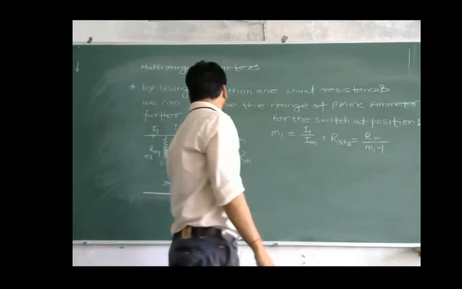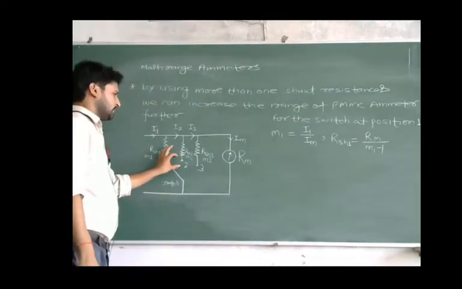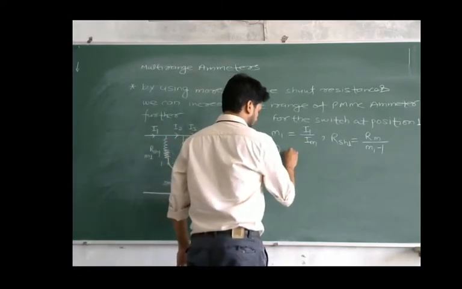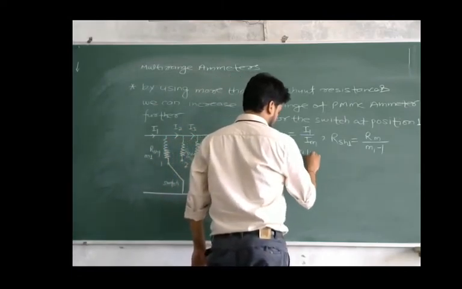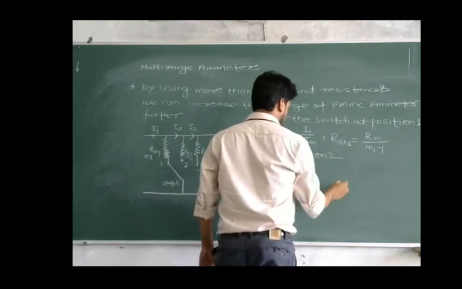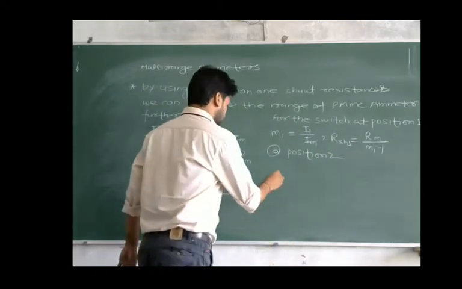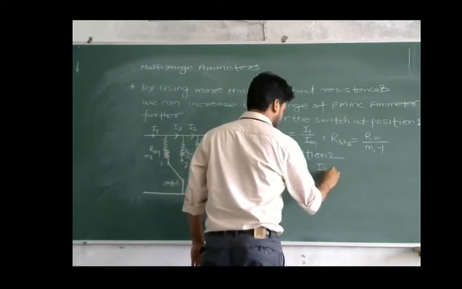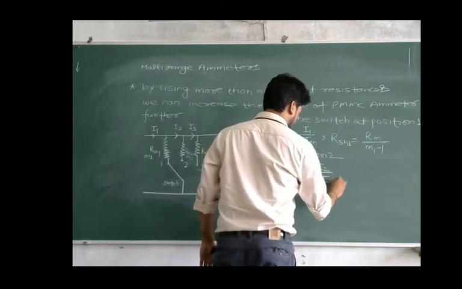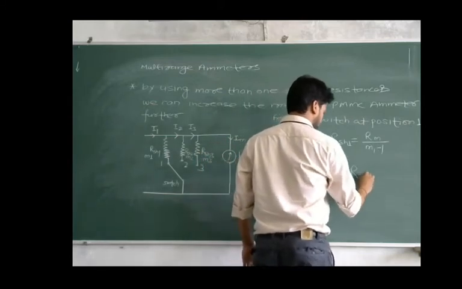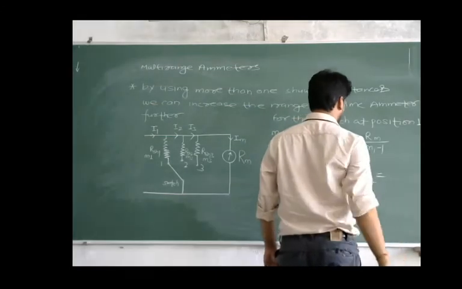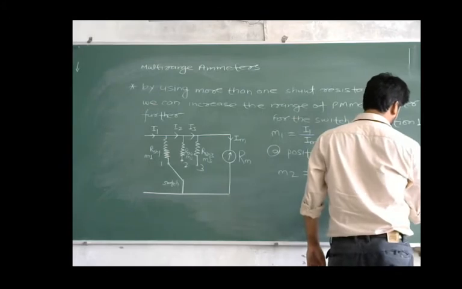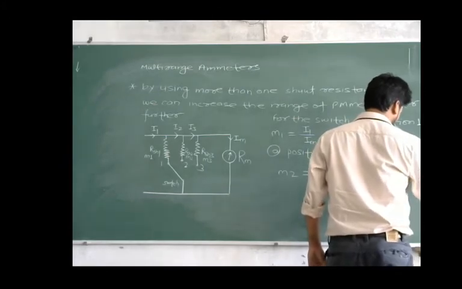In the same way, when the switch is placed at position 2, the value of M2 is I2 upon Im, and RSH2 can similarly be written as Rm upon M2 minus 1.